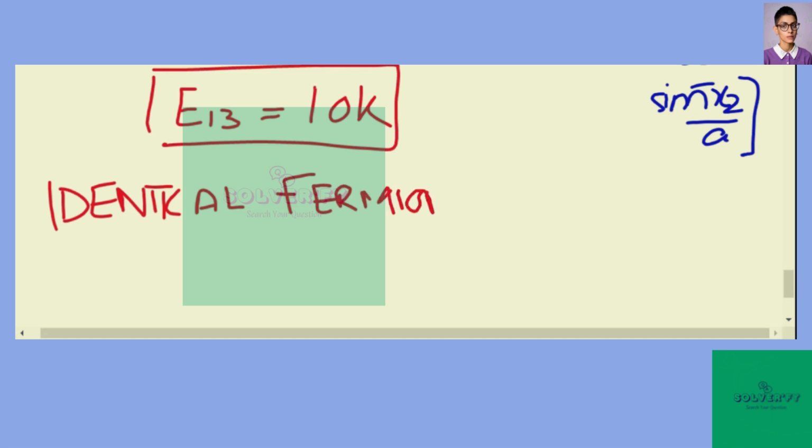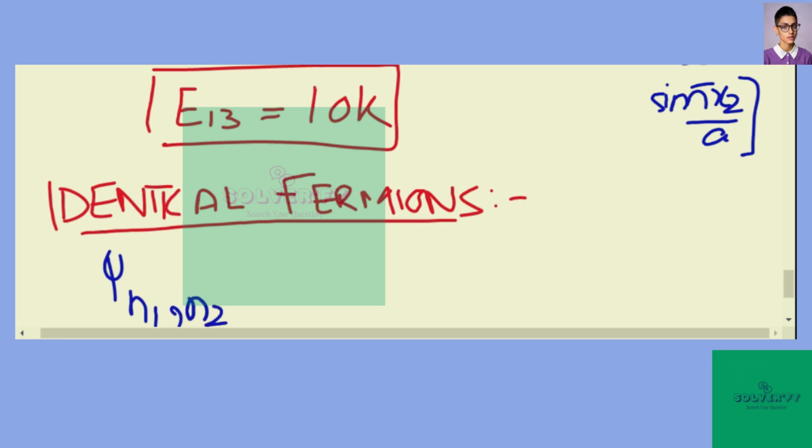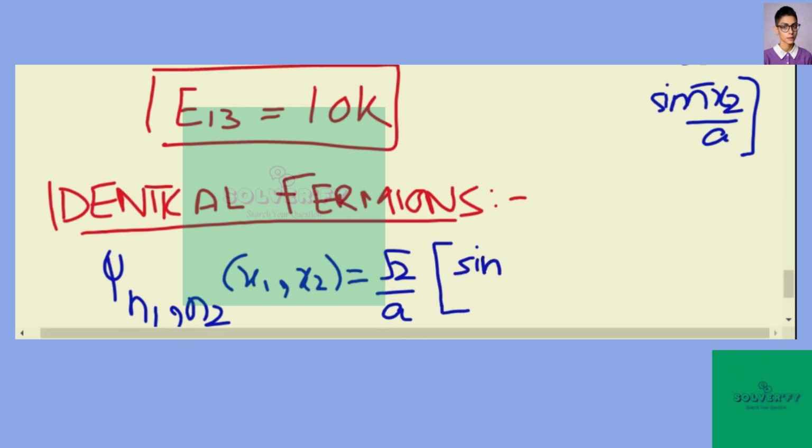So similarly, first of all, you would write the total wave function, psi n1, n2 of x1, x2, equal to root 2 divided by a, square bracket, sine pi x1 divided by a sine 3 pi x2 divided by a, negative.